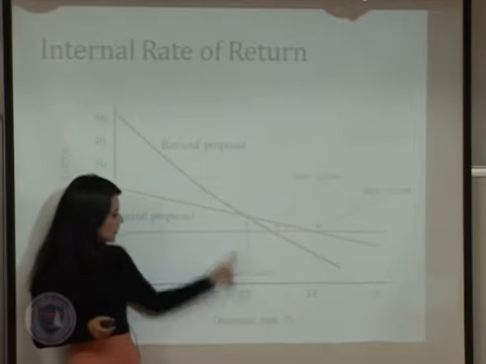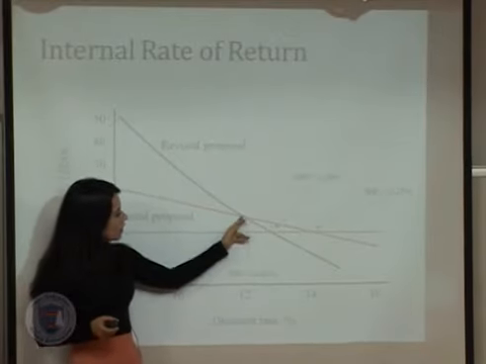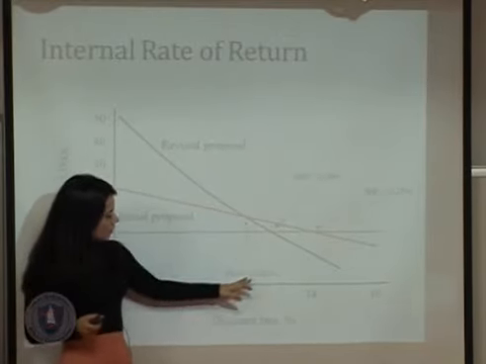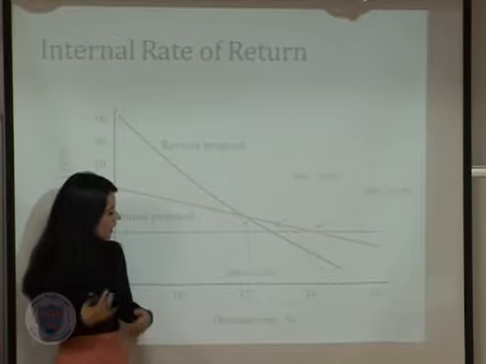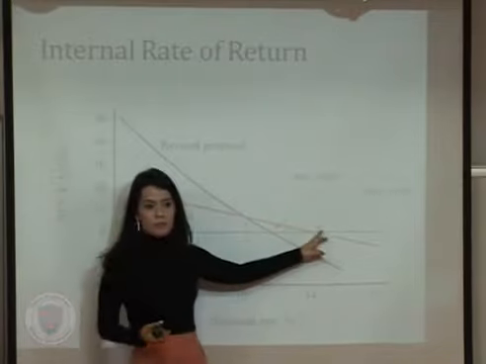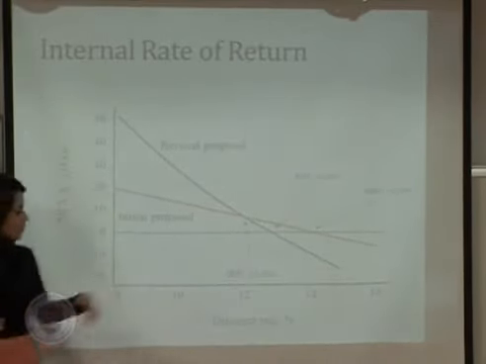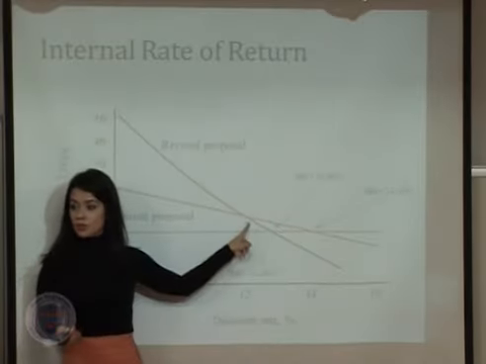When the opportunity cost of capital is less than 12.26, it looks better. When the opportunity cost of capital in the economy is higher than 12.26, then it looks like the initial proposal is better.